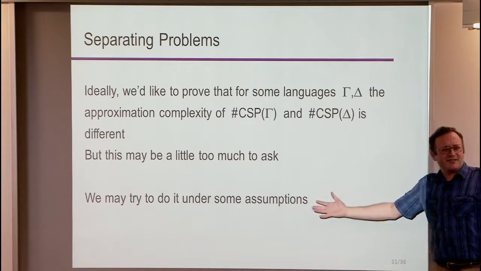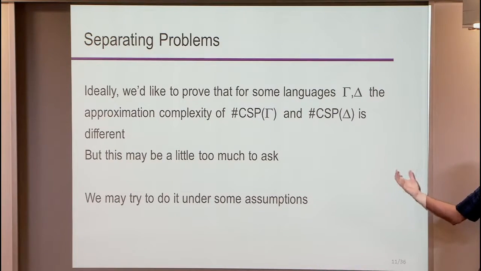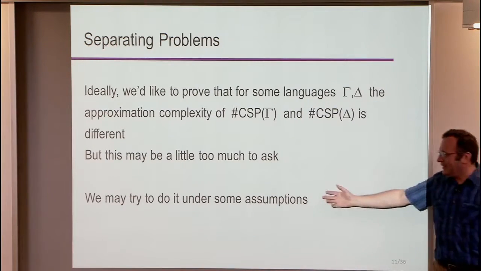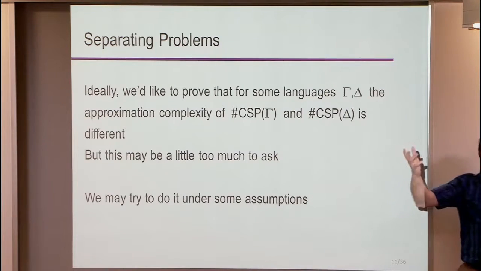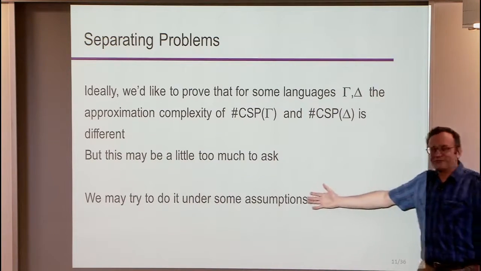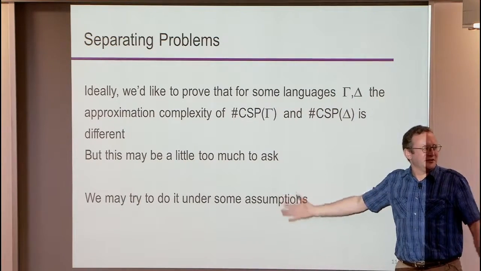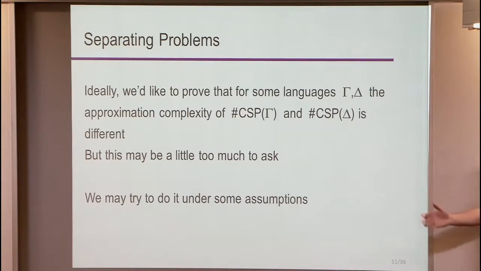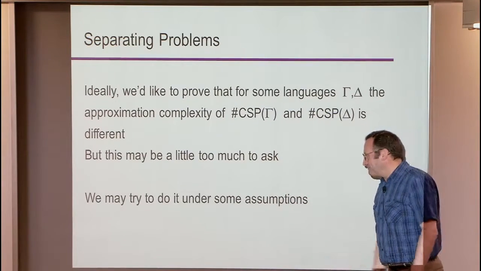But even that doesn't seem to quite suffice because, for instance, that #BIS is not FPRAS-able by itself looks like an assumption which is fairly feasible, but nevertheless. So going this way, we may get more and more various assumptions, and where to stop is not quite clear.